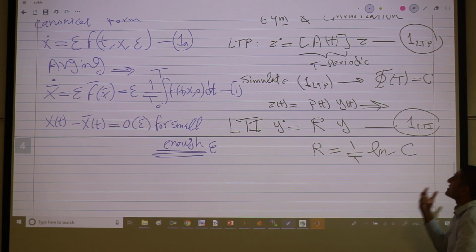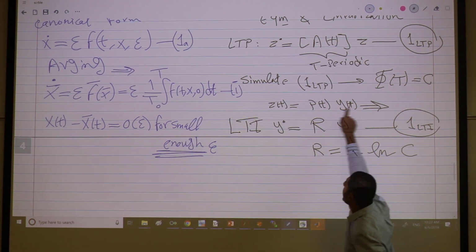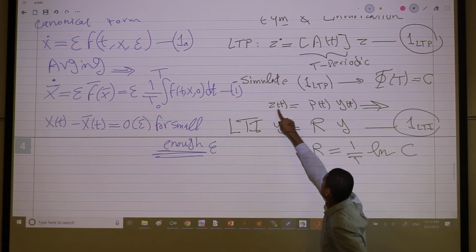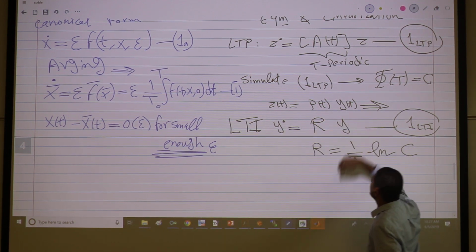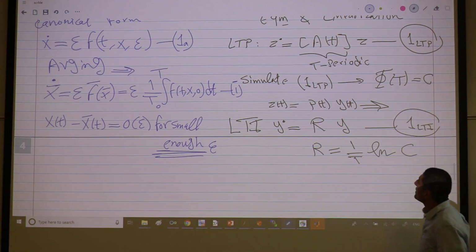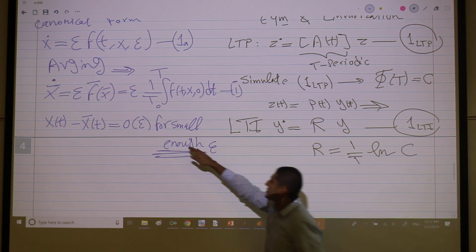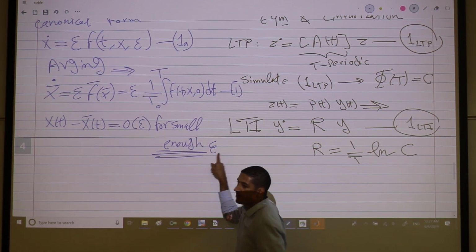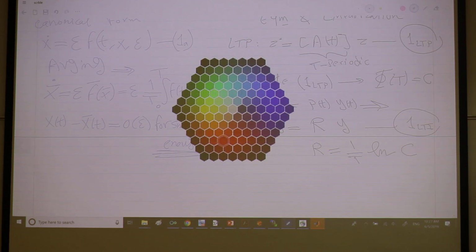And it's actually exact averaging, because the relation between the average dynamics y and the time-periodic dynamics z is exact, not approximate, and doesn't depend on the smallness or largeness of any parameter. It's exact always for any time. If this guy is exponentially stable, that guy is exponentially stable always. Here, this statement is only for small enough epsilon. We don't know how small epsilon should be. So Floquet can indeed be seen as exact averaging.